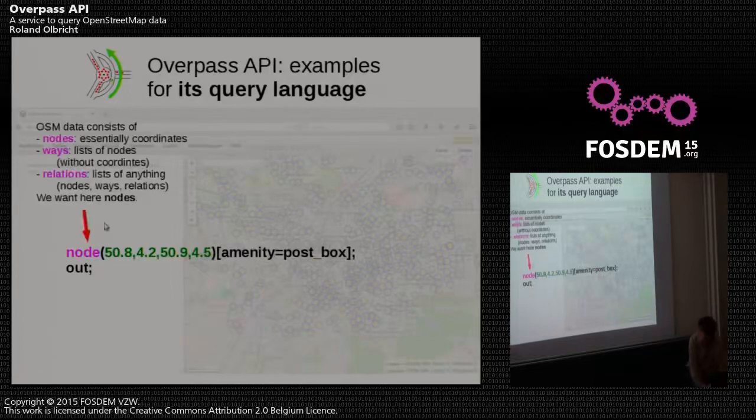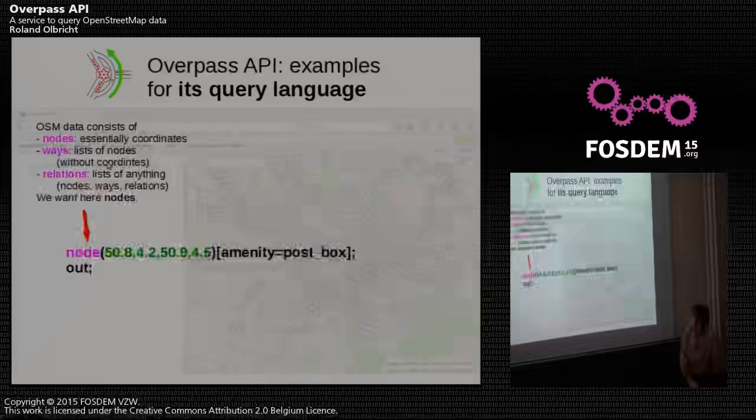The first thing is the statement node. OpenStreetMap data consists of 3 different data types. It's not organized in layers. It's one big data set. And there are nodes, which are essentially coordinates. There are ways, which are lists of nodes, and which don't carry coordinates.